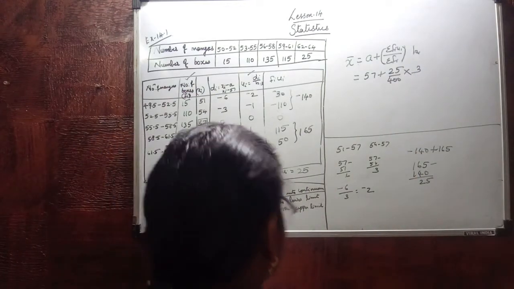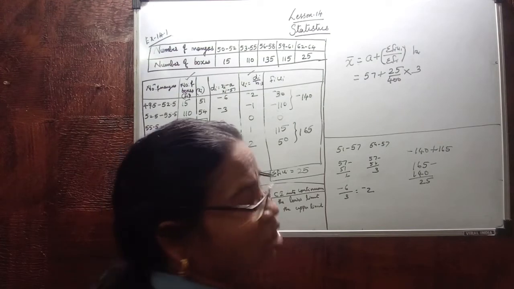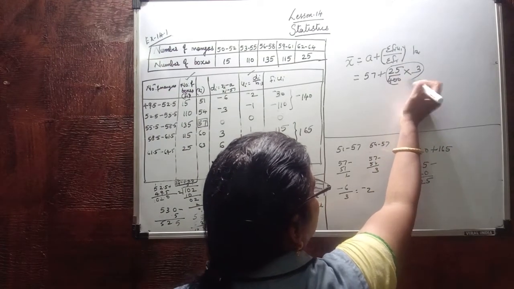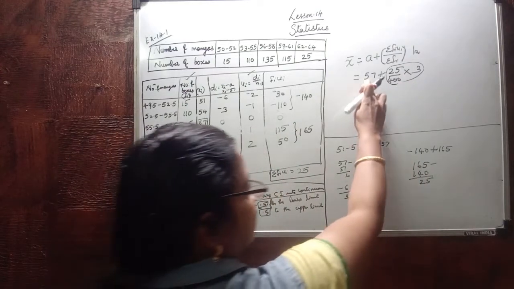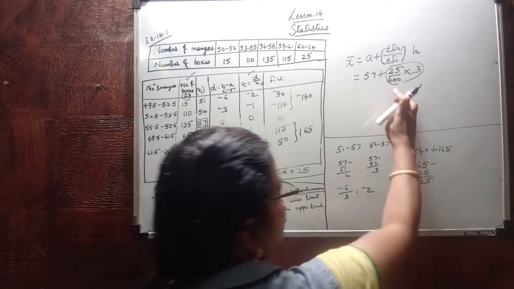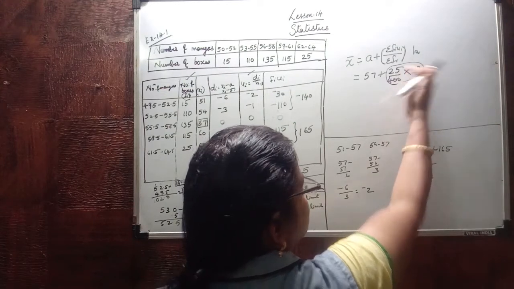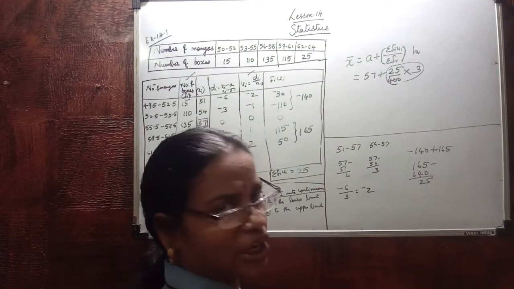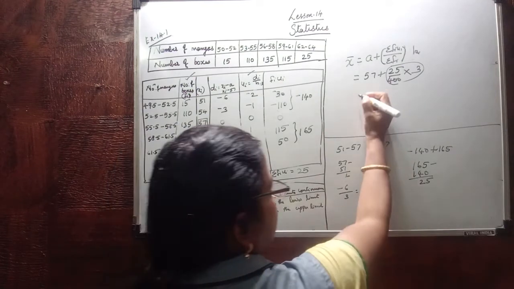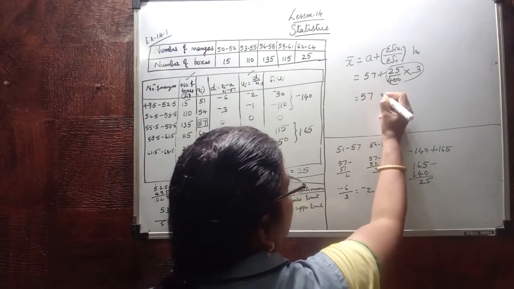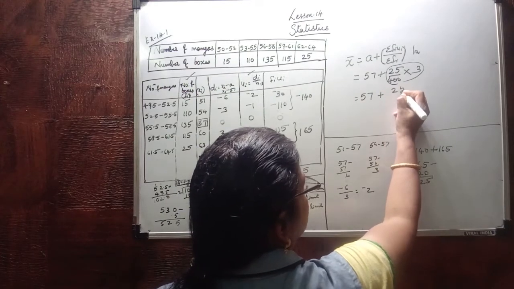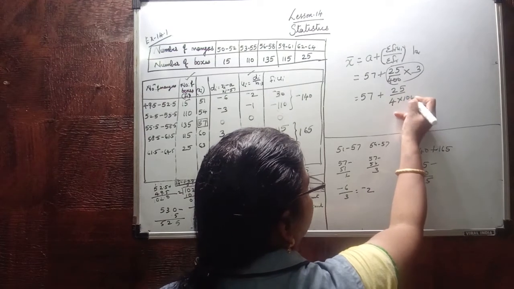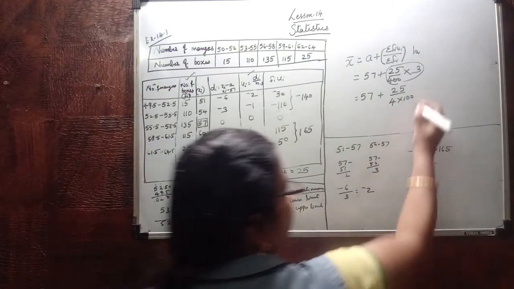So next one, how will you cancel it out? Here this is one family, and this is another family, so you can do anything with this. What I am going to do is split 400 as 4 into 100, and then into 3.